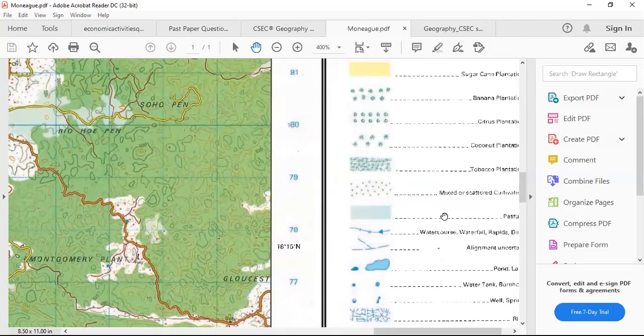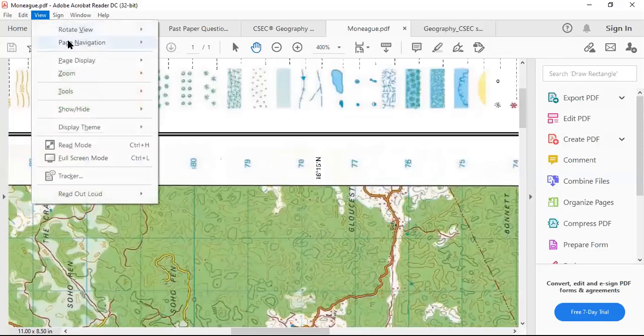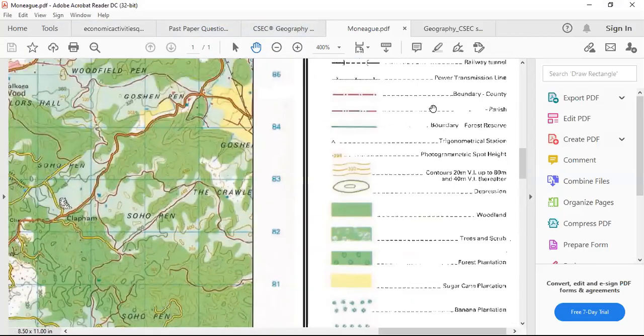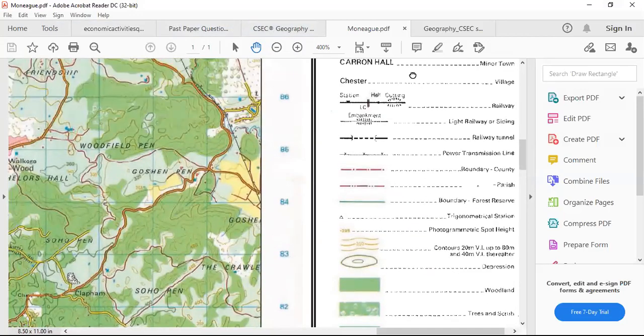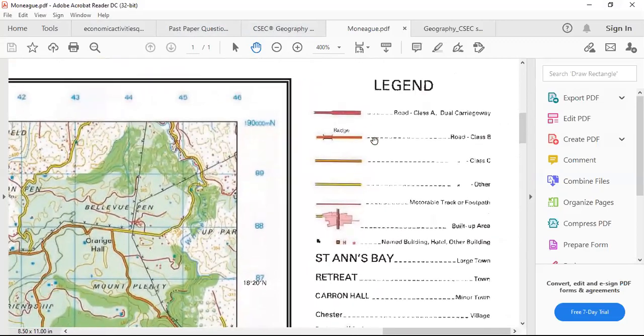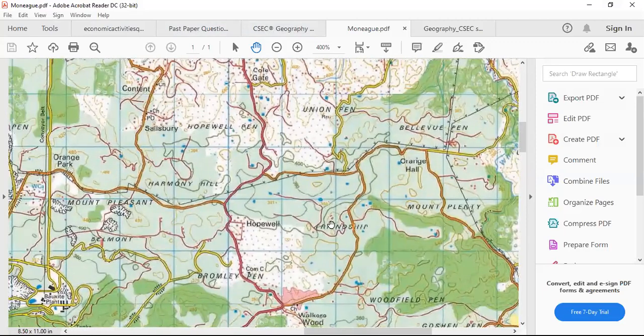Always remember, the dark reds are the major roads, and the lighter red that you're seeing here, right? Look at here. Dark road, class A, lighter roads, class B, lighter road, C. So this is like C, right?